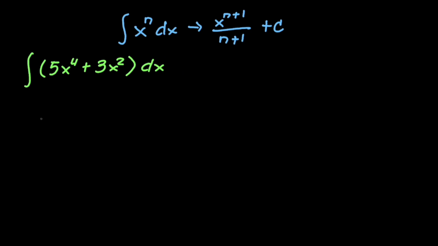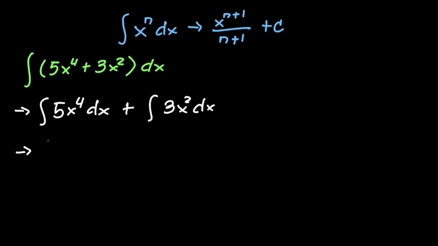Let's try this example. The integration of 5x raised to the power 4 plus 3x squared, multiplied by dx. First, you can split this apart, so you will get the integration of 5x raised to the power 4 dx plus the integration of 3x squared dx.